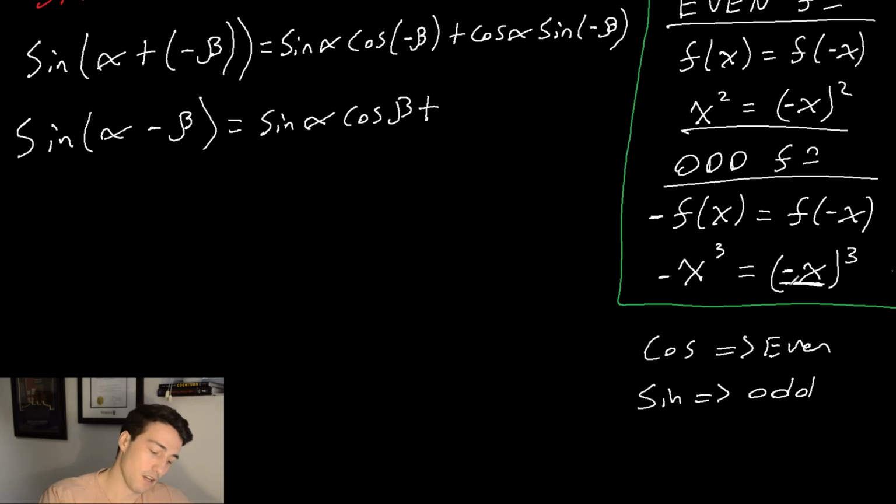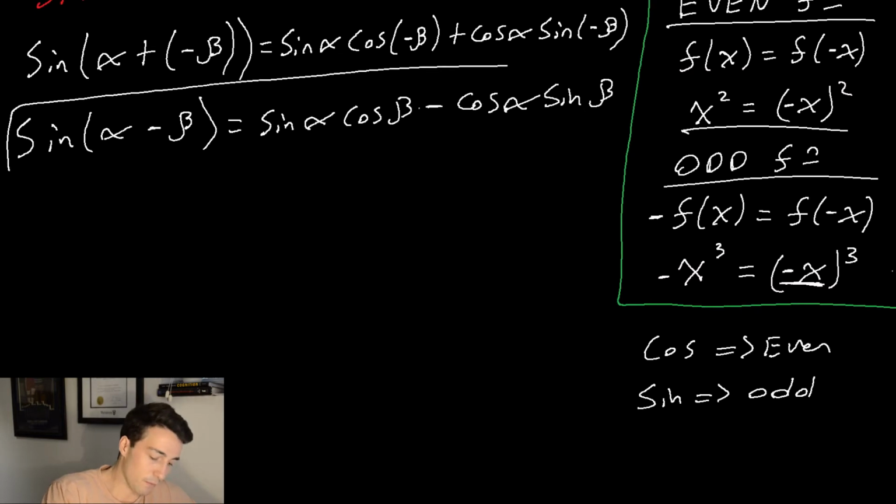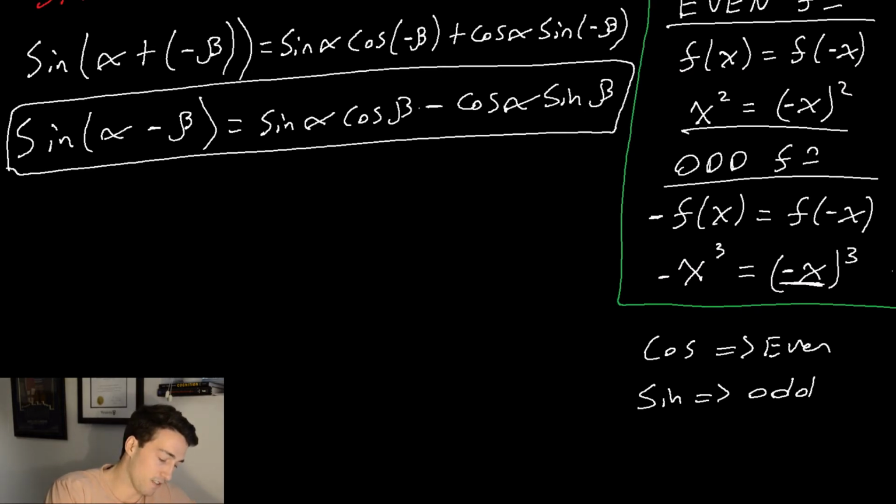So we can take away this addition and put a subtraction that's going to account for this function being odd. So just like that, by subbing in a negative beta into all the beta values, we get the subtraction formula for sine, which is the second compound angle identity.